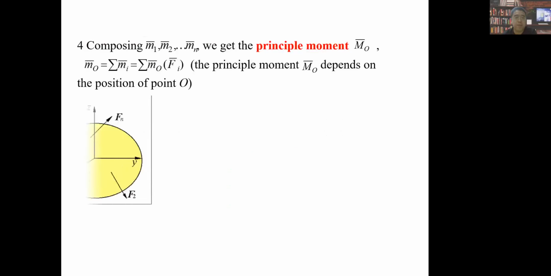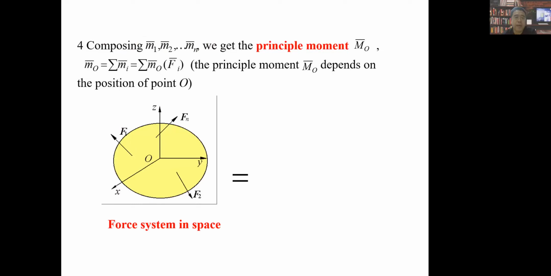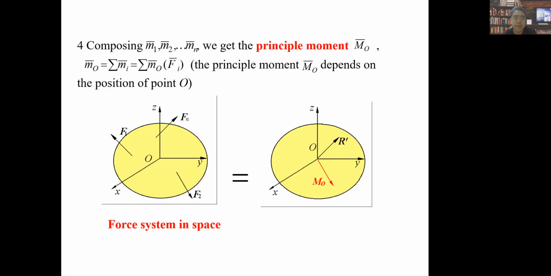So let's continue. And composing M1, M2, Mn, that's all couples, because when we move one force, we should add a couple, M1, right? So the resultant couple of these n couples, we get the principal moment MO.